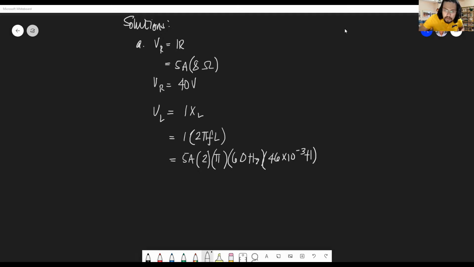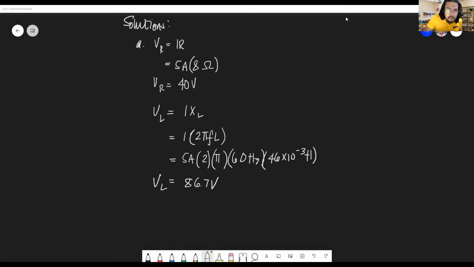So solving for the VL, we get the value 86.7 volts. Okay, so we have now solved for A.